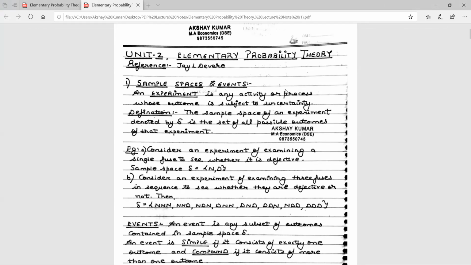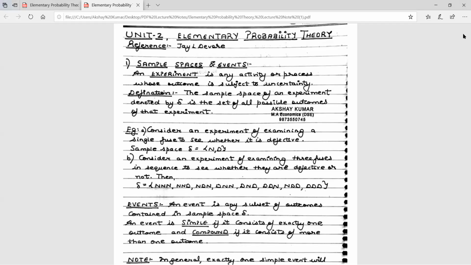All of us should be familiar with what is an experiment. An experiment is any activity or process whose outcome is subject to uncertainty. When we talk about an experiment, we don't exactly know the outcome. All we can say is that we can expect one outcome with some probability, another outcome with some probability.